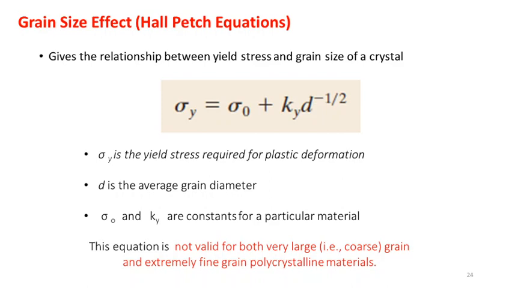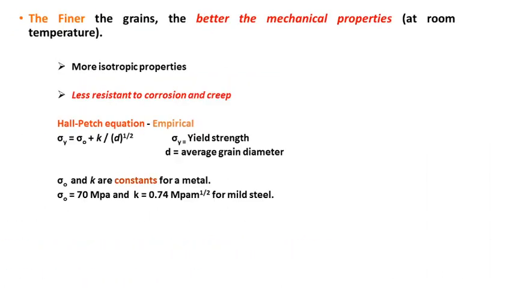As we said, when a dislocation or plastic deformation passes through grains, it is completely disturbed when it strikes a grain boundary, because the boundary offers a hindrance, blocking the plastic deforming force. So the more the grain boundary area, the more resistance to deformation, and the strength of the material increases. So finer the grain, better the mechanical properties.